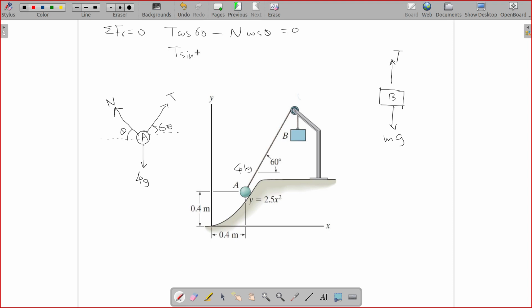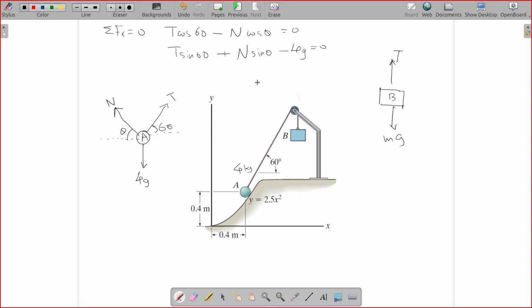T sin 60 upwards positive, N sin theta upwards positive, minus 4g downwards, equal to 0. So if you know the value of theta, you can very easily calculate T and N. Once you have T, you can calculate the mass from this system, right? T is equal to mg.